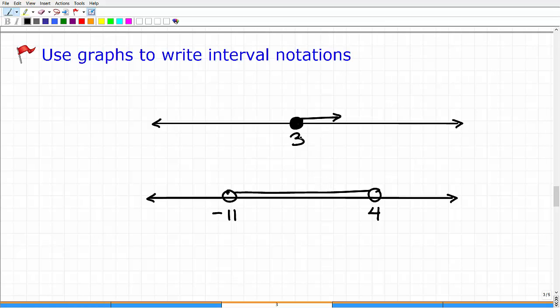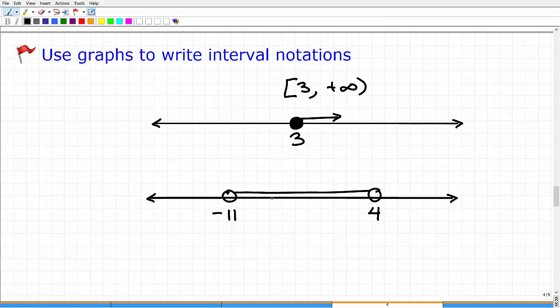So this first one is saying all the numbers that are greater than 3, including 3. So this is going to be bracket 3, comma, and they're all heading towards positive infinity, parenthesis.